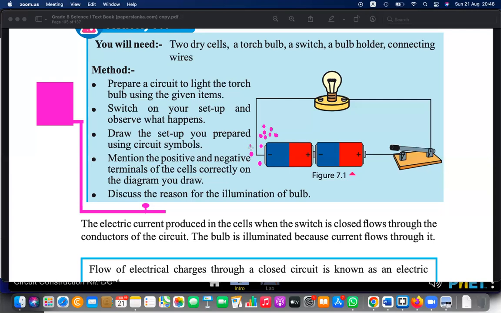They will come from the negative edge to the positive edge, where the electron density is very low. Therefore, from the high concentration area to the low concentration area, electrons will flow. That is what is happening here in the circuit.